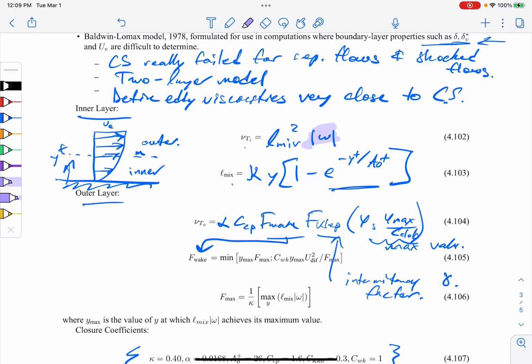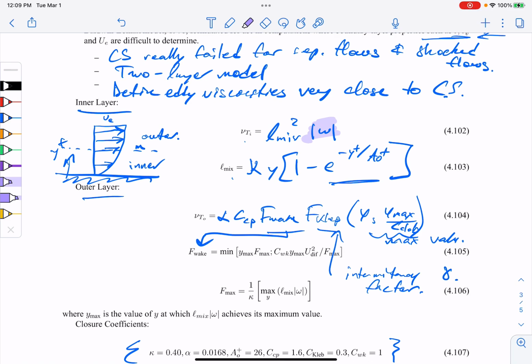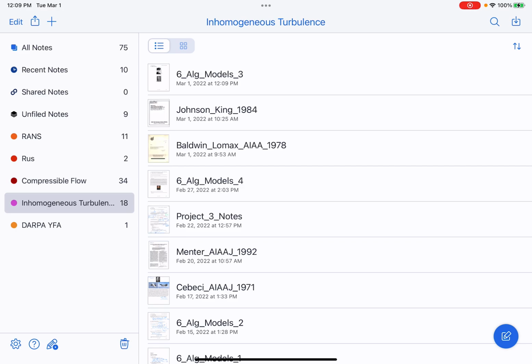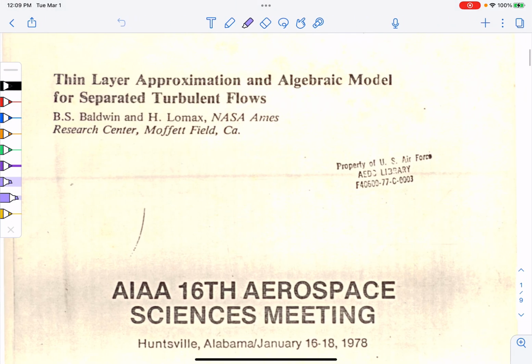So your eddy viscosity is really going as your vorticity times the integral scale of turbulence. That's how it's formulated. So let's look at the original paper besides these major equations and dissect it and see how they thought.